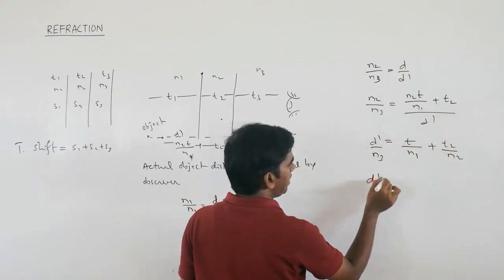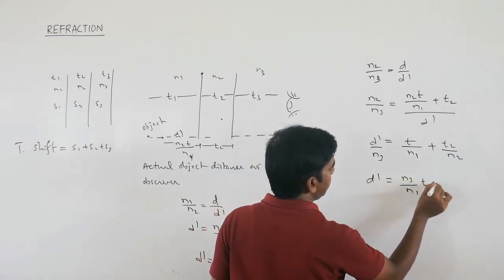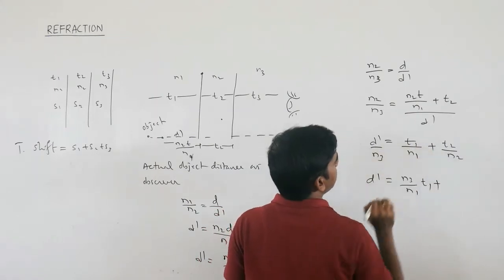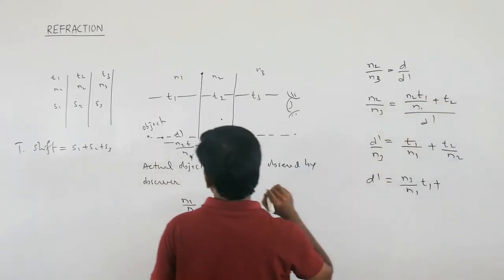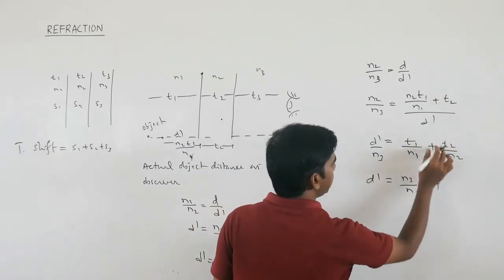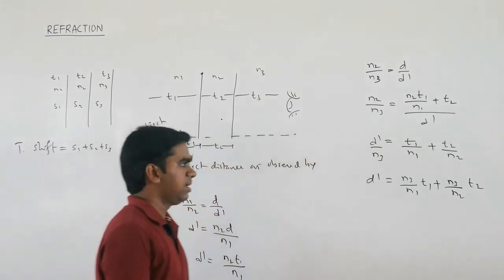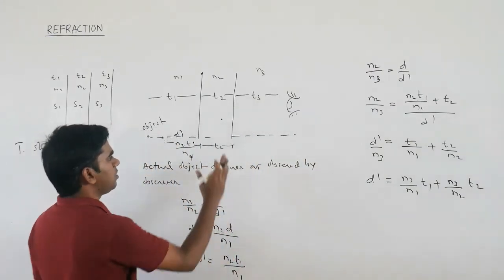So D dash equals N3 by N1 into T1 plus N3 by N2 into T2.